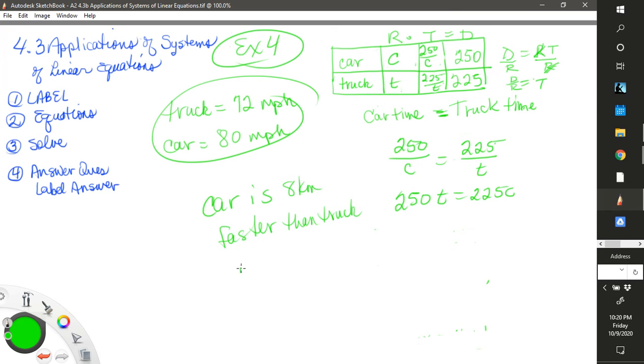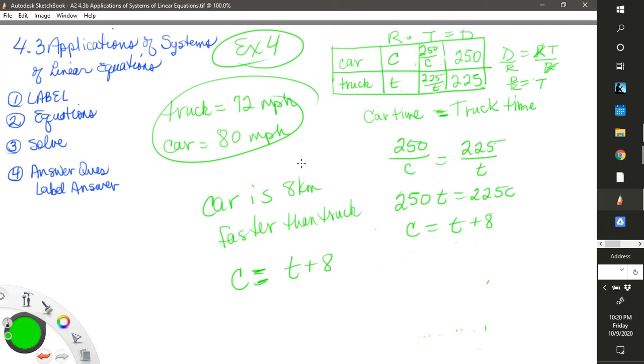So the car is already 8 kilometers faster. If I want to make the two rates equal, I'm going to have to take the truck's rate and add 8 to it. The car is already 8 faster, so I need to add 8 to the truck to even that out. So I would have car equals truck plus 8.